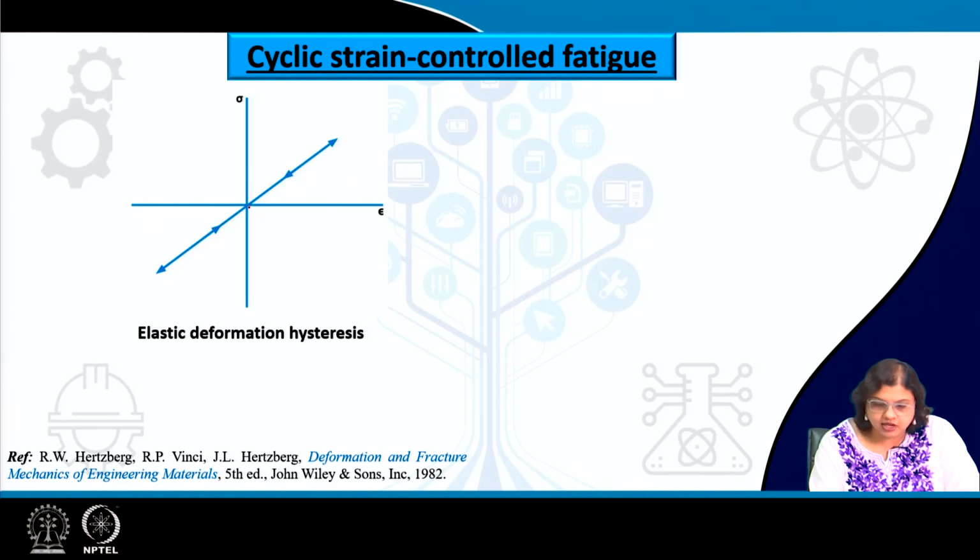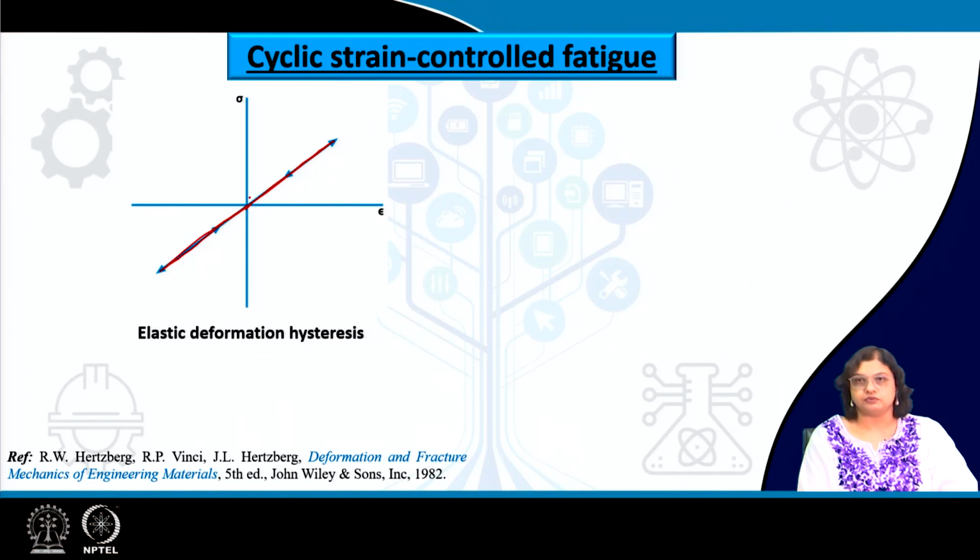So, if such is the case, we know that if there is a stress versus strain plot, for the case of elastic loading, we typically get a straight line which will be coming back to its original position if we want to unload. Or if we are doing this on the compression side, that is on the third quadrant, there also we will see that if we are compressing it up to a certain extent within the elastic limit, and then if we are unloading, coming back to the zero load, it should also come back to the origin without any significant changes in the values or in the nature of deformation as such.